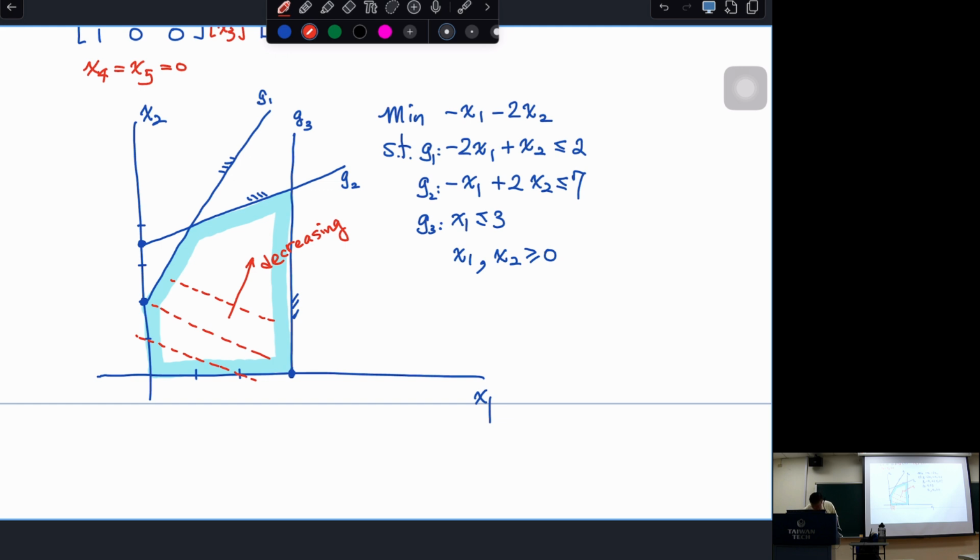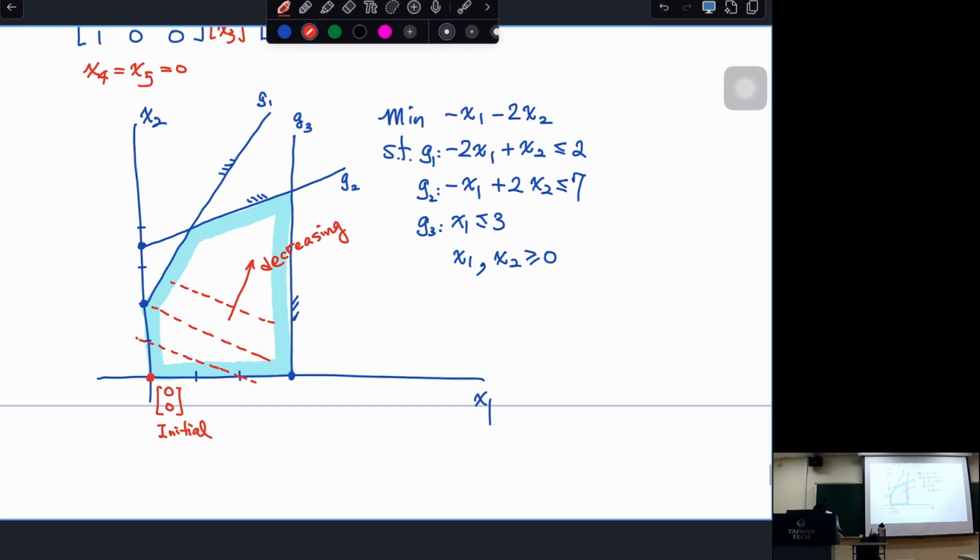So this was our initial. And actually, when we did the first iteration, this is where the solution was, 0 and 2. And then we actually move up to here, 1 and 4. And then we move up to here, 3 and 5. And we can no longer find the solution.